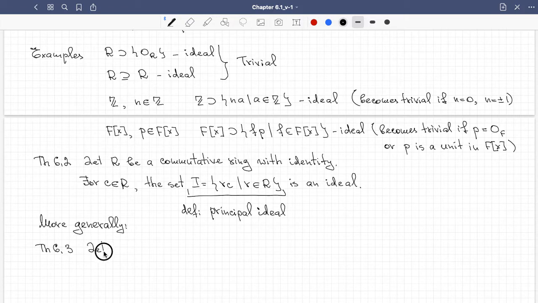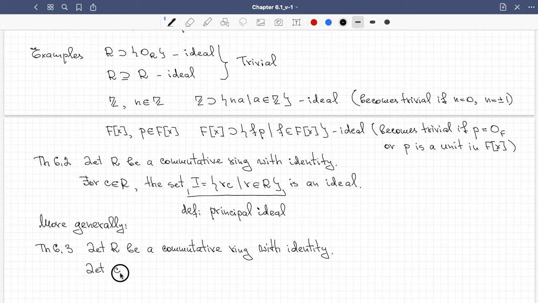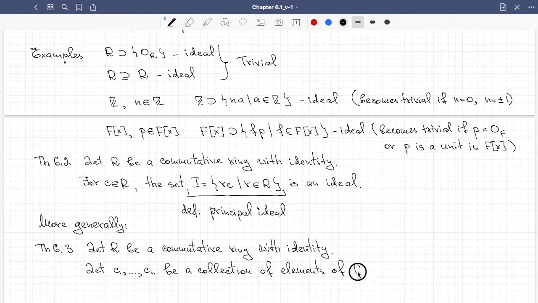Again, in a commutative ring with identity, let c1 up to cn be a collection of elements of R, just n elements of the ring R.